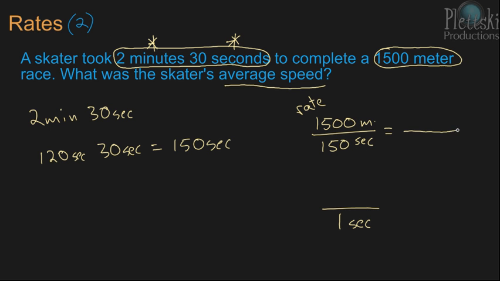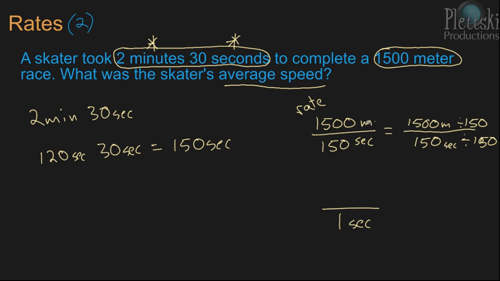And in order to write an equivalent fraction, we'll also have to divide the top by 150. So we'll divide the bottom by 150, and we'll also divide the top by 150.